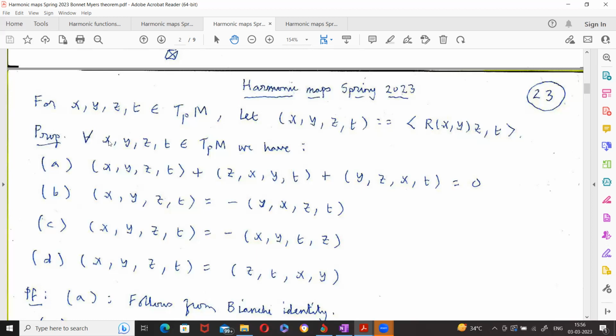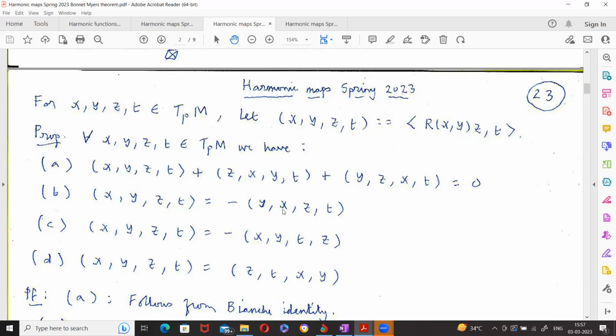Then we have the following properties for all X, Y, Z in T_pM. The first property is that this sum, where I permute the first 3 vectors cyclically, is 0. This just follows from the Bianchi identity. The next property is that if I permute the first 2 vectors, X and Y, then this changes sign.